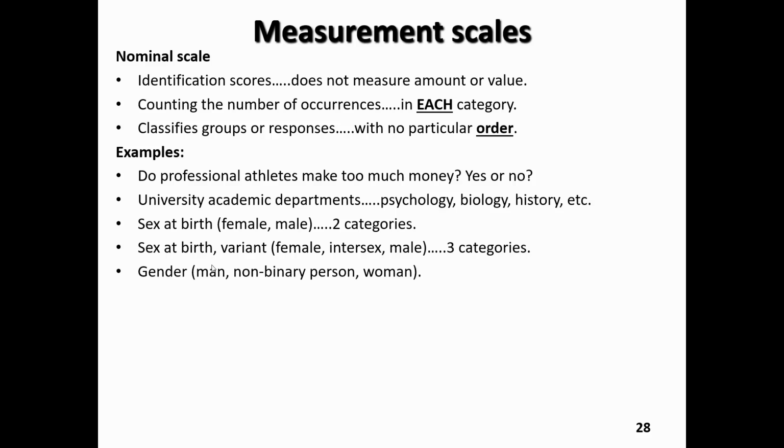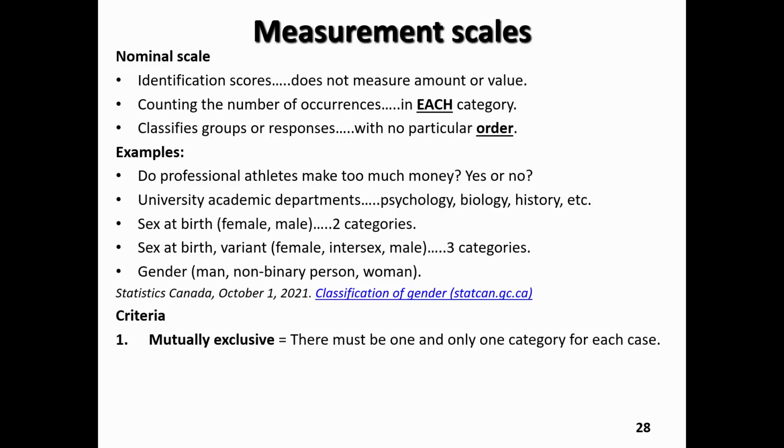In terms of gender, we would have three different categories if we were to define gender in this manner. So we would define as man, non-binary person, or woman. And these latter three bullet points under the examples are the actual definitions by the federal government in Canada. Here is a link to the definition established by Statistics Canada.